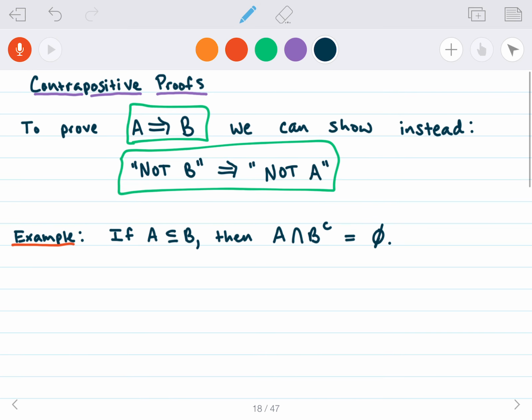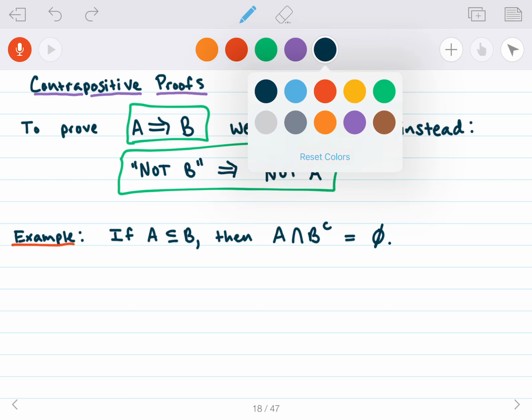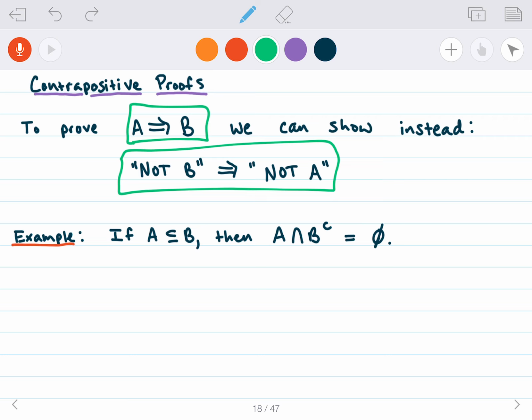So we want to show that if A is contained in B, then A intersect B complement is the empty set. So let's do the contrapositive way to do this. So our B is going to be the "then" part, right? That's our conclusion.